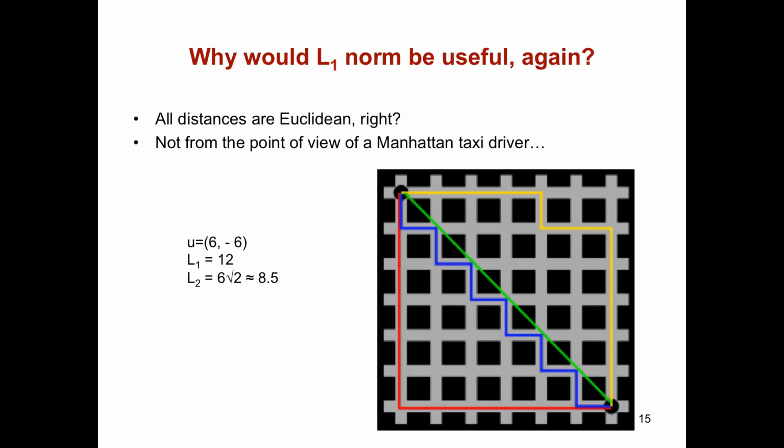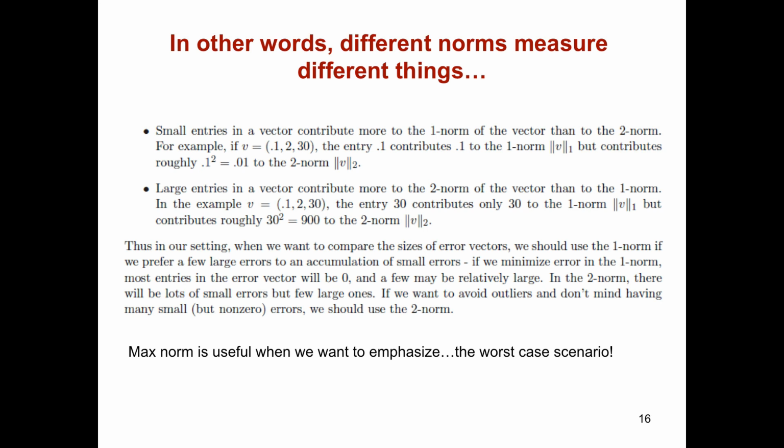So again, this L1 norm is much more useful than it looks. Alright? So basically, different norms measure different things. There are much more complicated situations. If I had a vector of porosities, and I want to accentuate small entries, let's say that I have 0.1, 2, and 30.